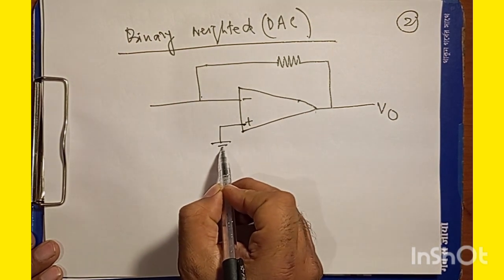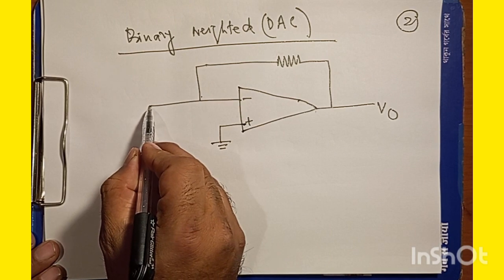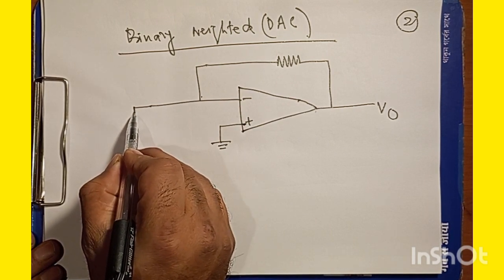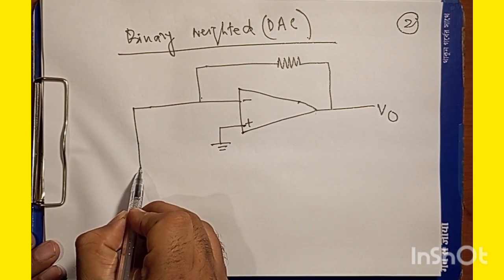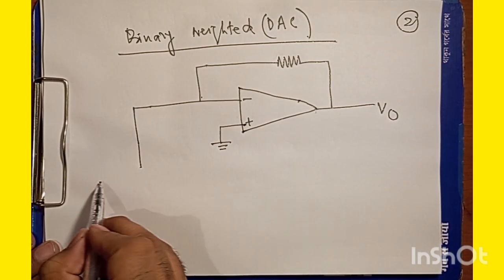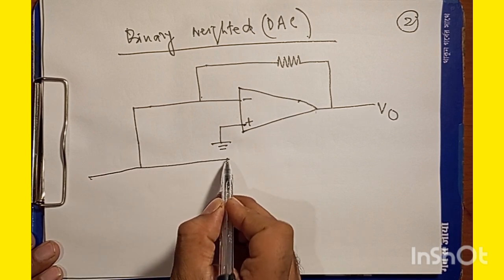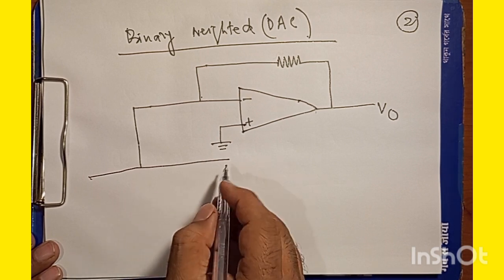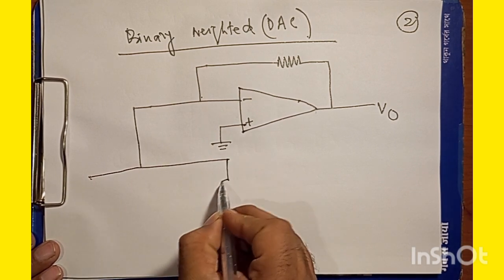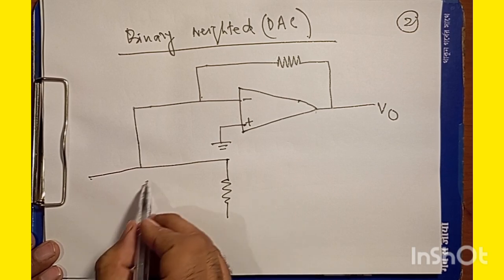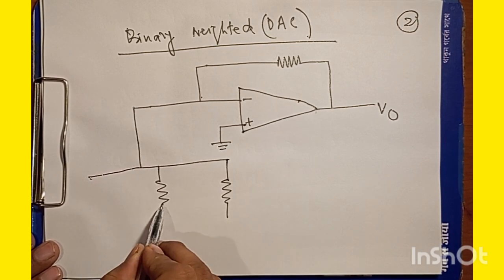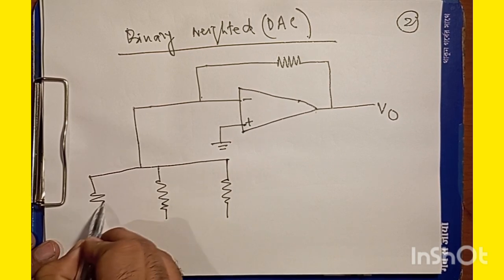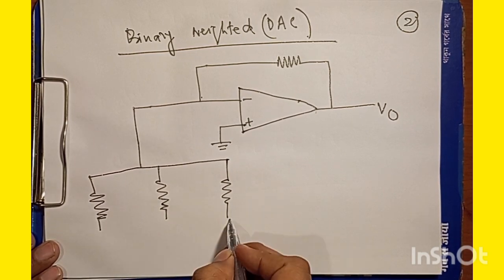This is grounded, and then we have a network of resistors. Because I'm talking about 3-bit binary weighted resistors, I will be choosing 3 resistors. Say this is resistor 1, this is resistor 2 and this is resistor 3.